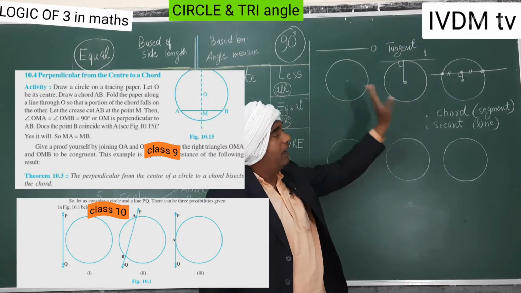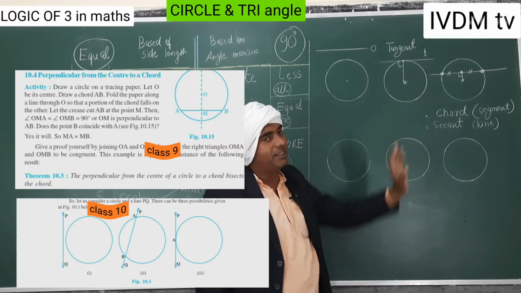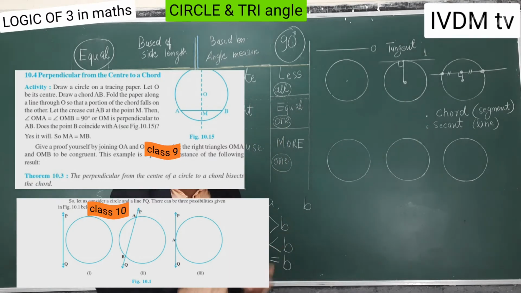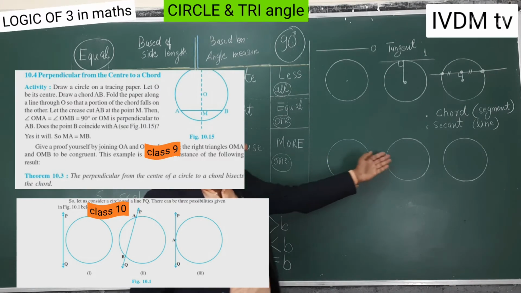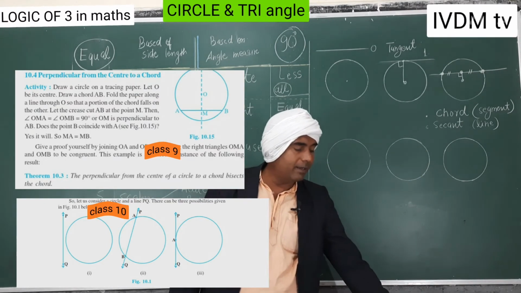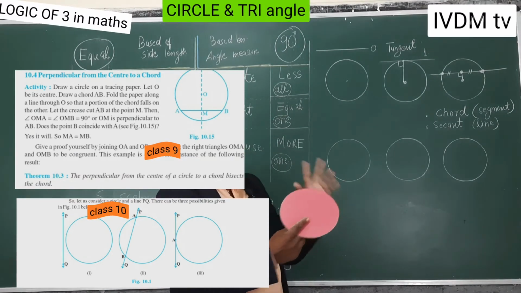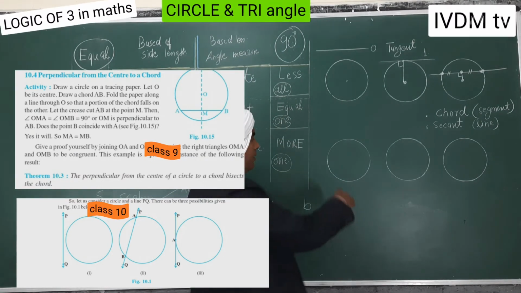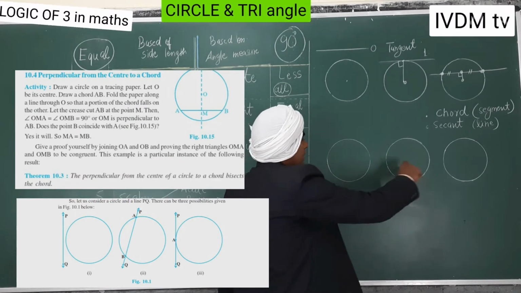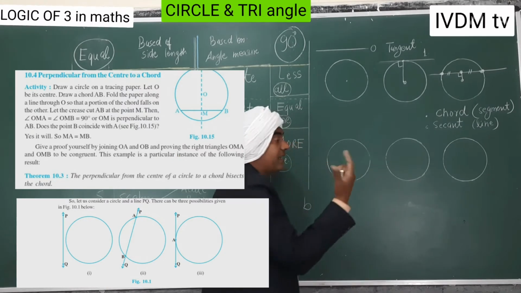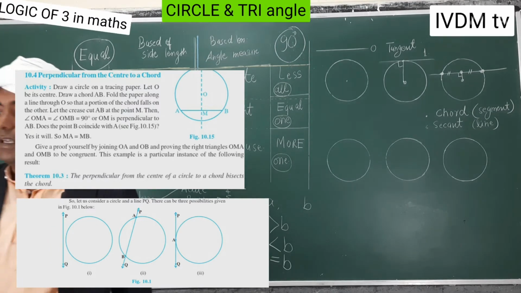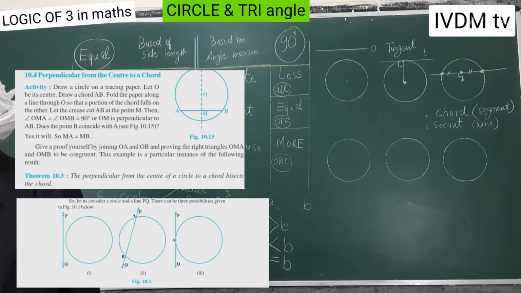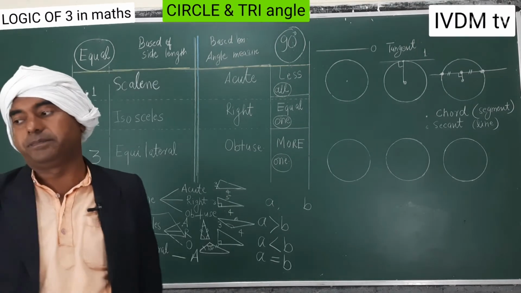I'm talking about only three conditions. In class 9th again you have three types of conditions. In a circle, you can cut it in two types, with lines you create segments. In class 9th, page number 170, figures 10.8 and 10.9, it is given.